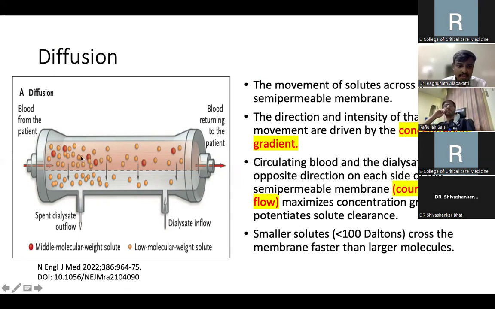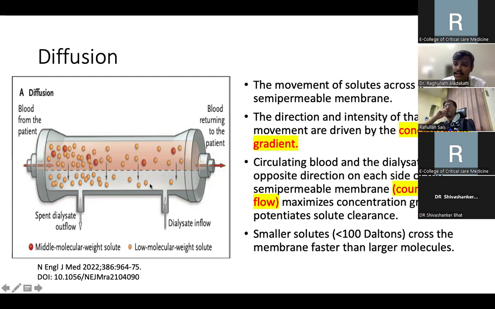If you see here, the red ones are middle molecular weight solutes and the small ones are low molecular weight solutes. Low molecular weight solutes are easily permeable across the semi-permeable membrane. The blood is flowing in one direction, but the dialysate is flowing in the other direction.